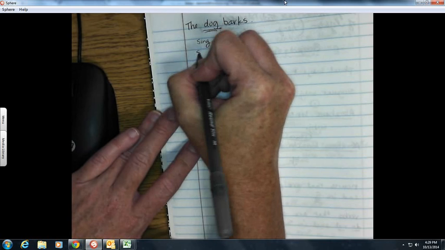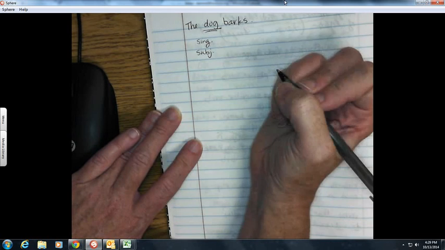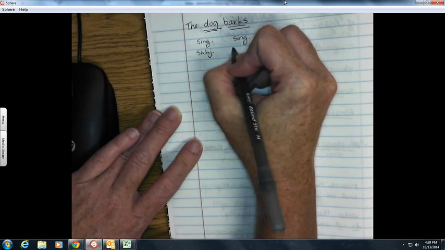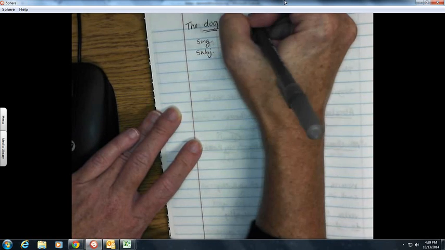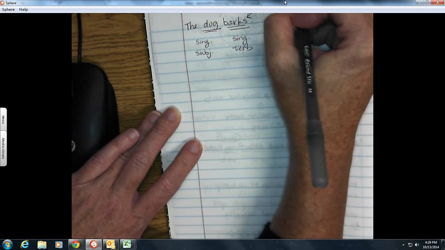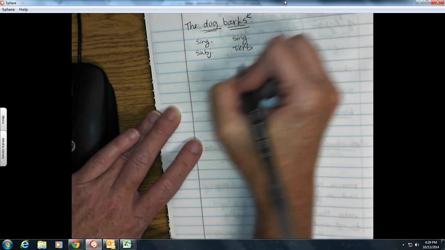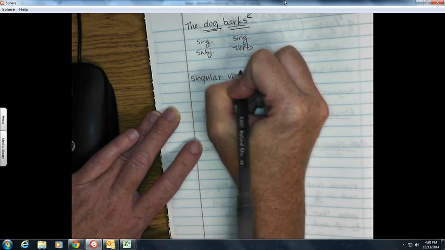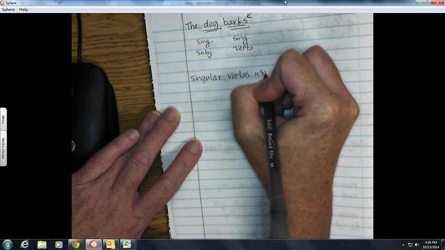The dog, it's only one. And the verb that matches it is also a singular verb. And look, it ends in an S. So tricky. Because singular verbs usually end in S.